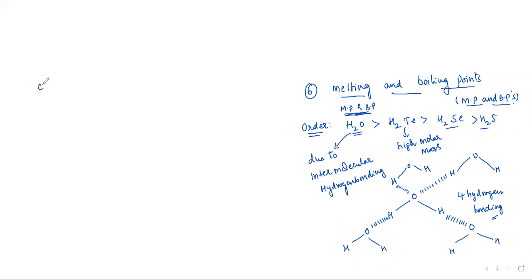And in this part, especially in these hydrides, they will ask about volatility also. Volatility is nothing but evaporating nature. Volatility is inversely proportional to boiling point.